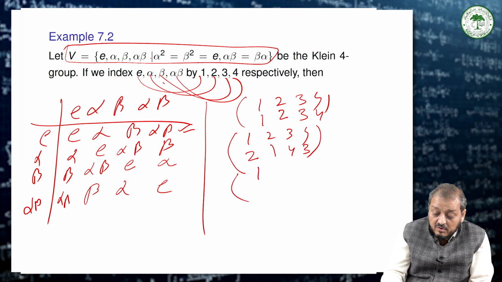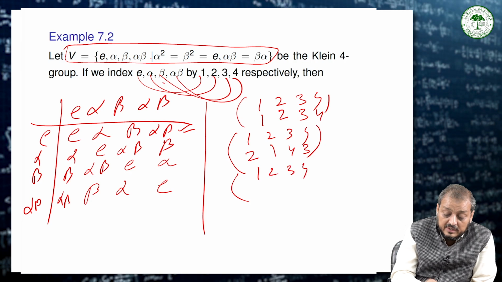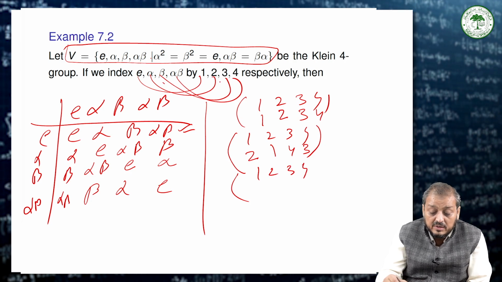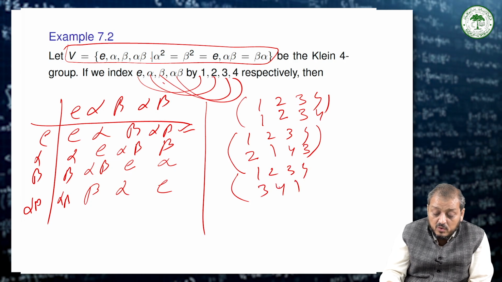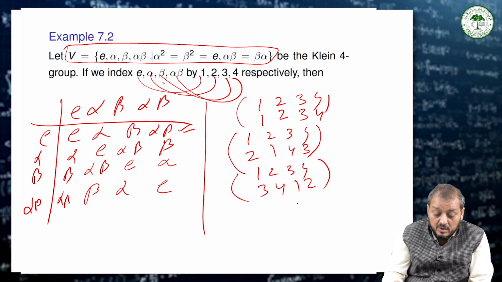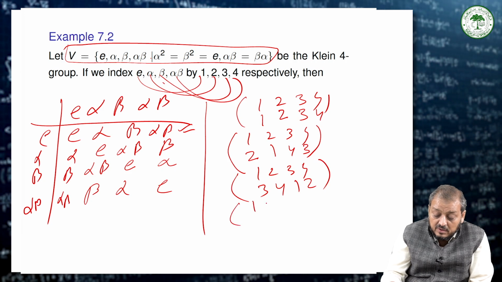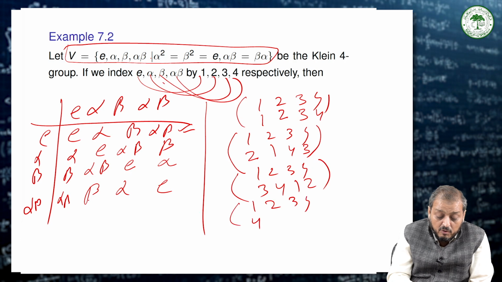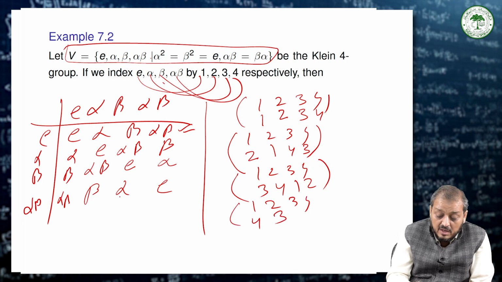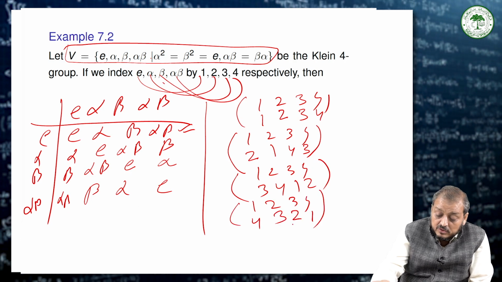Now for the third one, we have 1, 2, 3, 4, and beta is taken as 3, alpha beta as 4, E is equal to 1, alpha is equal to 2. And now again for this one, 1, 2, 3, 4, and alpha beta is equal to 4, beta is equal to 3, alpha is equal to 2, and then 1. So we are getting this.